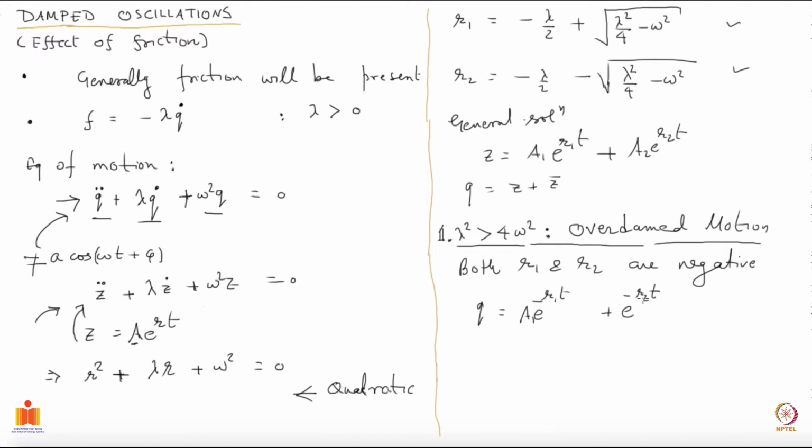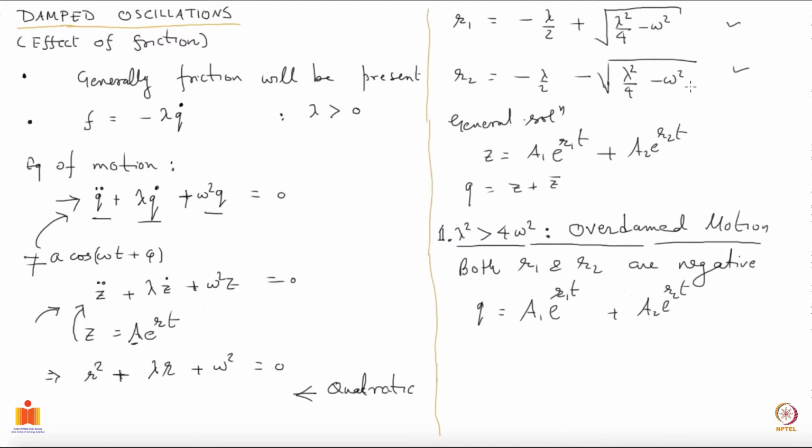Sorry, I should not have put a minus here, that is what is confusing me. So q is A1 e to the r1t plus A2 e to the r2t, and both r1 and r2 are negative. So as time goes on, the amplitude decreases exponentially. Clearly there is no periodic motion here. You start your system at some value of q, and as time progresses it just damps out to 0. So this is an overdamped motion.